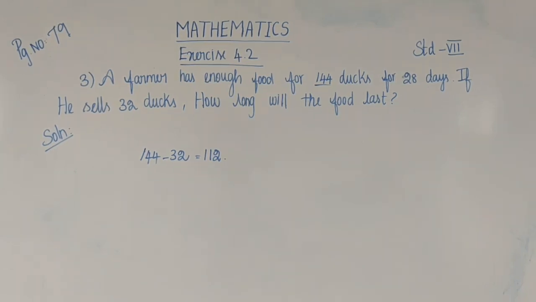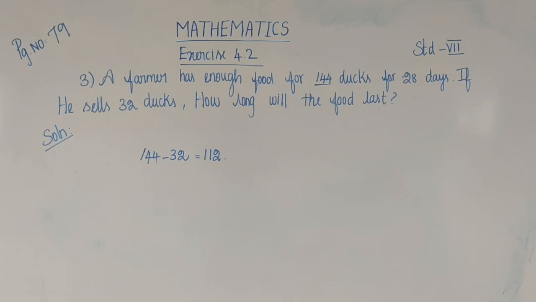The farmer has a total of 144 ducks, and enough food for only 28 days for 144 ducks.